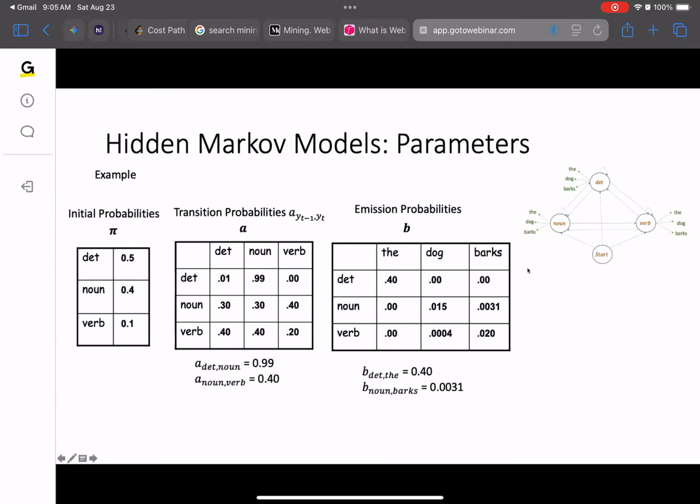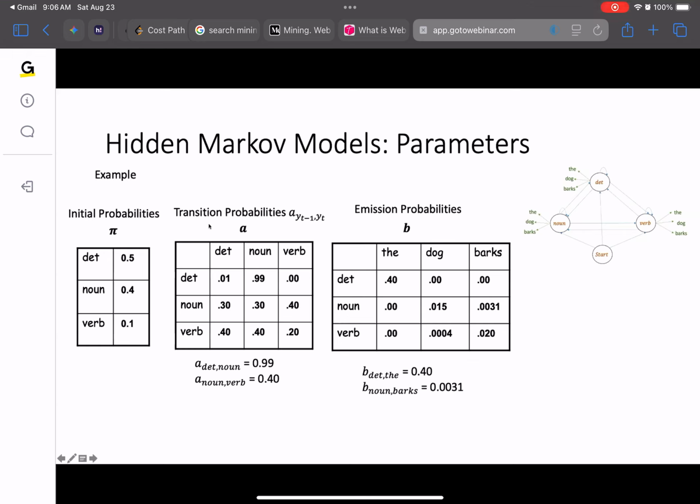In the start state, we can visit any of the three states, determiner, noun, or verb. So the initial transition probability is captured by initial probabilities, which is denoted as pi. And after reaching any of these states, we can transition to another state, noun or verb.